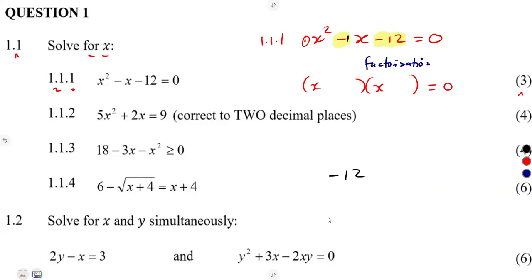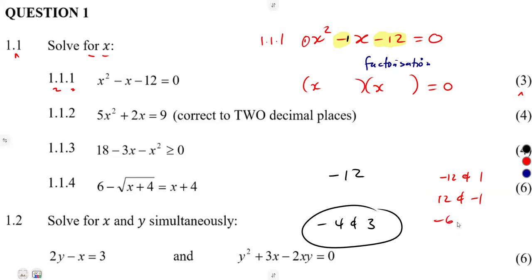So many factors. But the one that will give us a -1 when we add, that's -4 and 3. But for the sake of revision, we're going to try -12 and 1, 12 and -1, -6 and 2, 6 and -2, -4 and 3, 4 and -3.